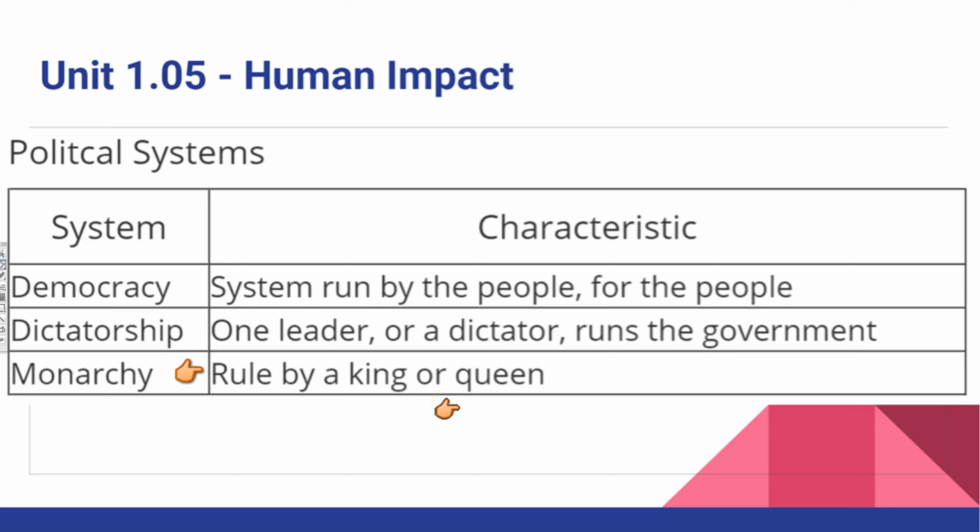We don't really have official ones. I think there was one in Thailand for a while, but the king's kind of giving up. His dad died, and he's kind of given more of the power back to the people. So you did have some back in the day, like the United Kingdom, Prussia, those kind of areas, okay? But that's kind of moving away from things.